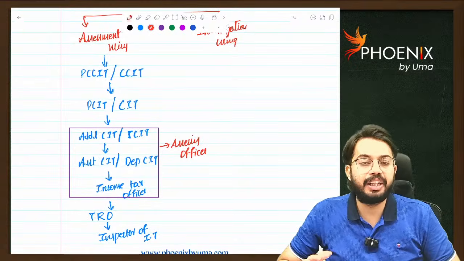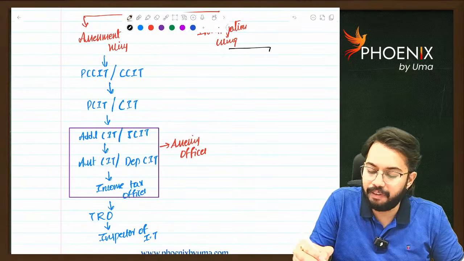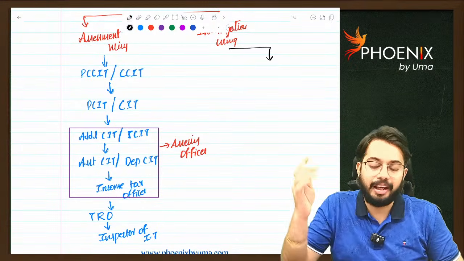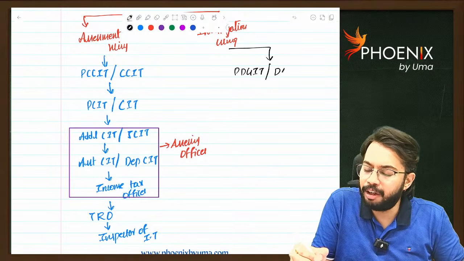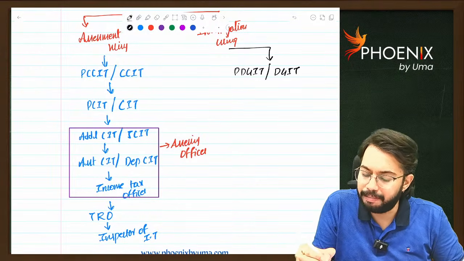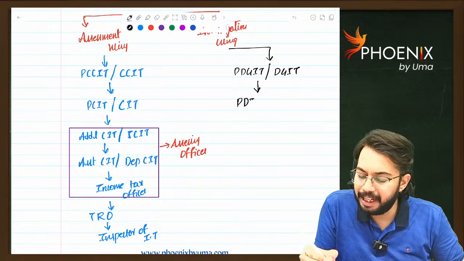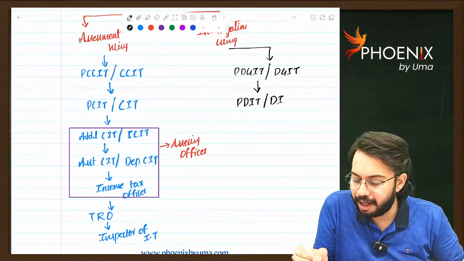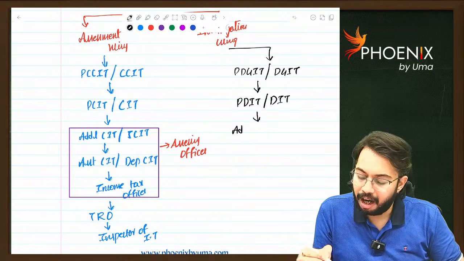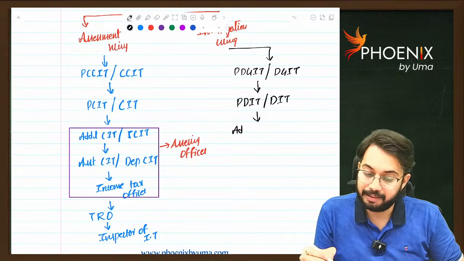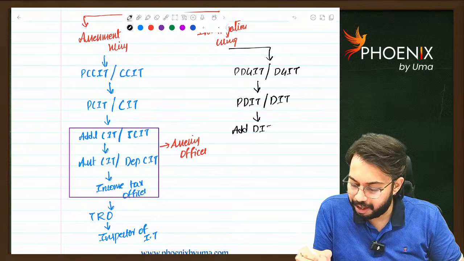Similarly, there is the Investigation Wing. Under the Investigation Wing, the biggest authority is Principal Director General of Income Tax and equal authority Director General of Income Tax. Under them, there will be Principal Director of Income Tax, Director of Income Tax. Under them, there will be Additional Director of Income Tax, Joint Director of Income Tax.